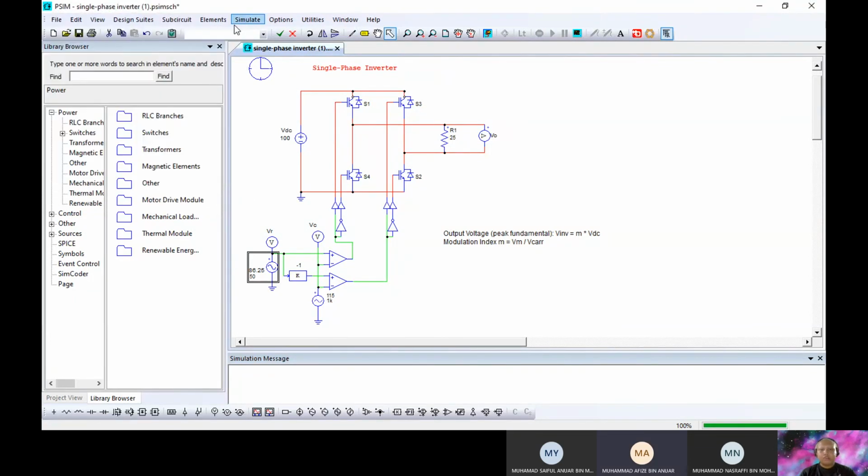Hello, Assalamualaikum. My name is Muhammad Afizi bin Anwar. Question A asks to find the waveform of VR1 and VC at the positive half cycle. By running the simulation, first we need to select VC and VR only for display.